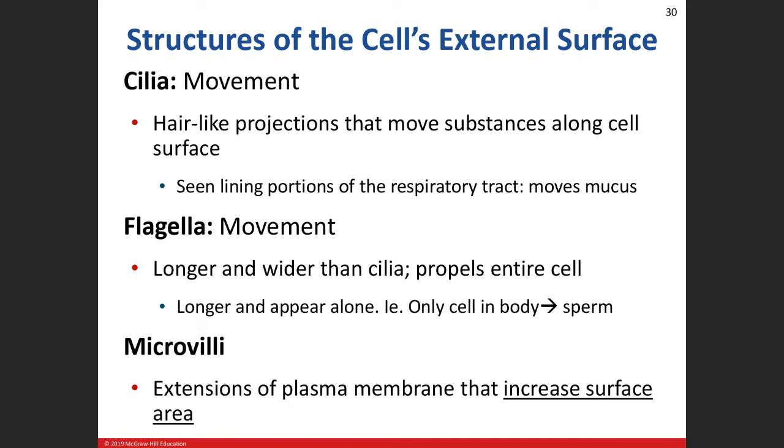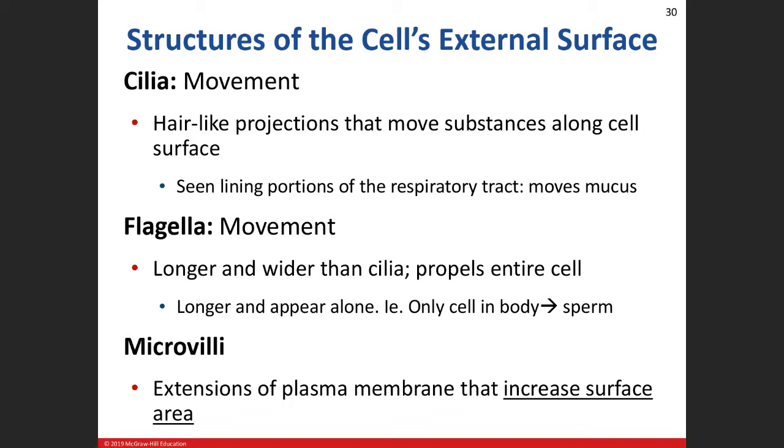The other structure is the flagella. Again, movement, but in this situation, it's going to move the entirety of the cell. It's a much bigger projection from the cell surface, and the only cell where we see the flagella in humans is the sperm.